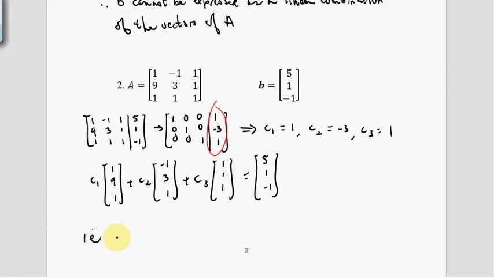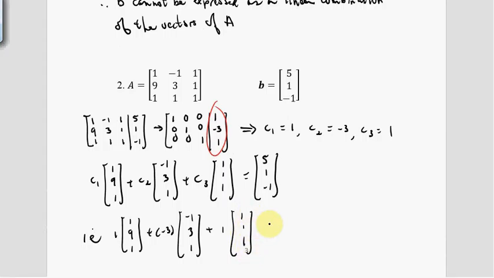That is, C sub 1 is 1 times row 1 plus C sub 2 is -3 times row 2 plus C sub 3 times row 3. That's equal to this B vector, 5, 1, -1.